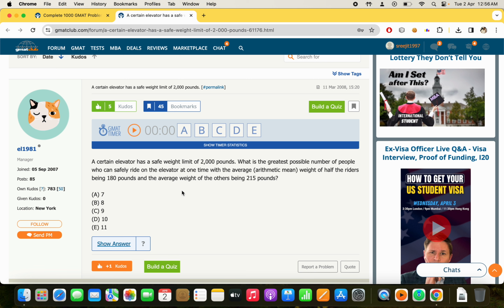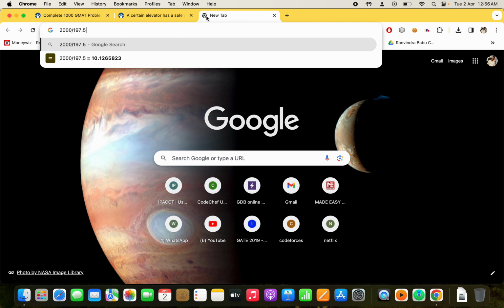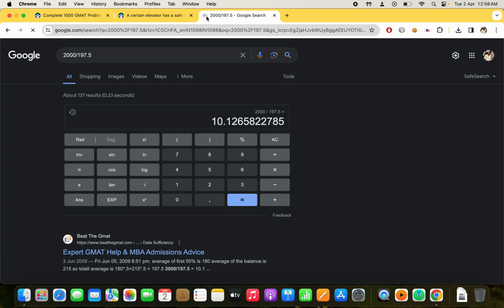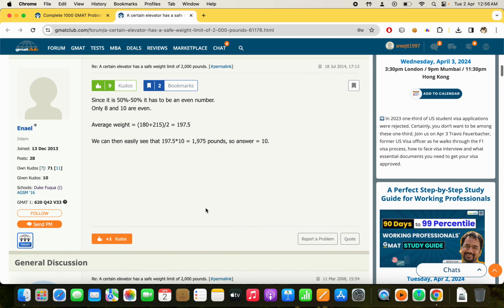Like, I assume, I don't know whether a calculator is available or not. So 2000 divided by 197.5, which gives you approximately 10.12. So less than 10, the integer. So I think D will be the answer. Yeah.